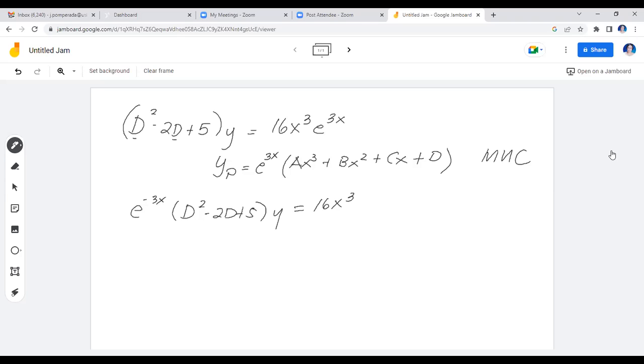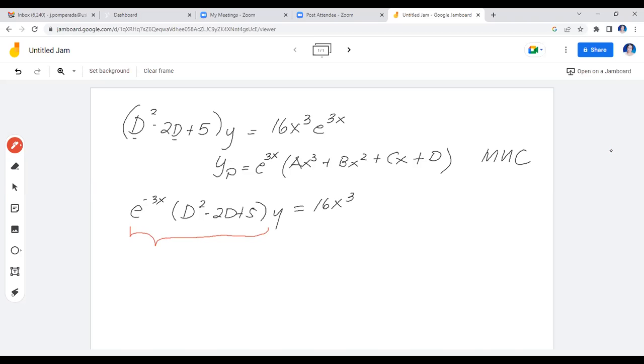However, class, you see that if you have changed the left side in this form, there has to be a treatment of this. Okay, how do you then treat this particular expression of e raised to negative 3x times the quantity D squared minus 2D plus 5?